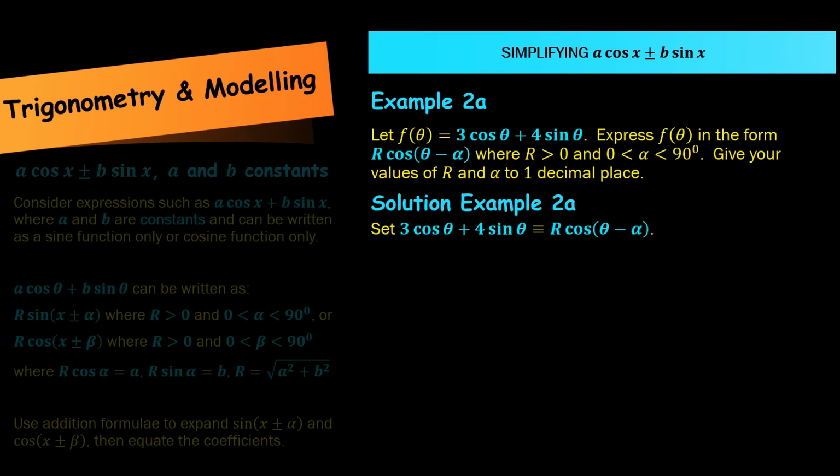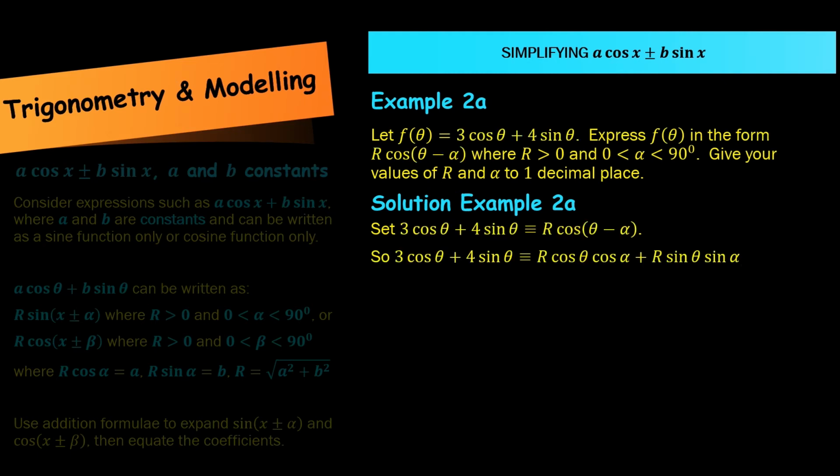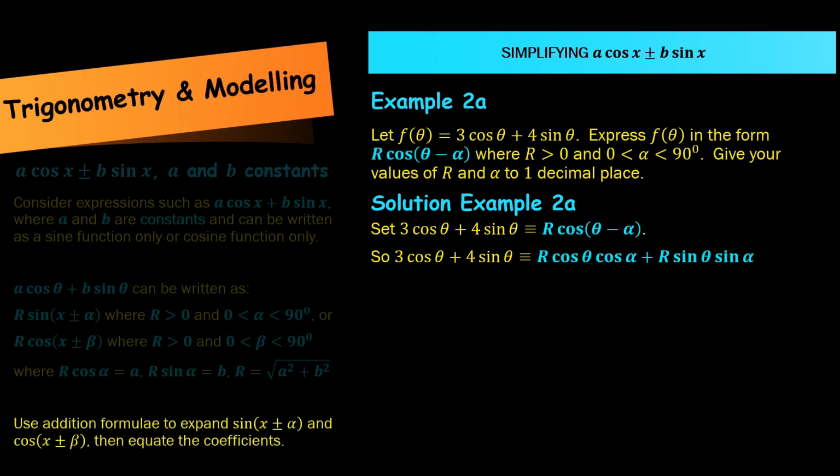We're going to set 3 cos theta plus 4 sin theta equal to R cos(theta minus alpha). And so, using the addition formula to expand cos(theta minus alpha), we have this expression here.